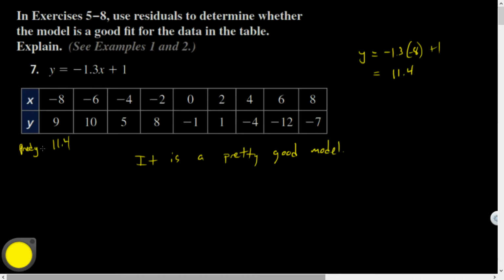You can do these by hand, by the way, where you plug in all of your X values and then subtract. It takes a while, but it's a pretty good model. It had the same amount of residuals above or below. So it's a pretty good fit. Let's keep cruising.